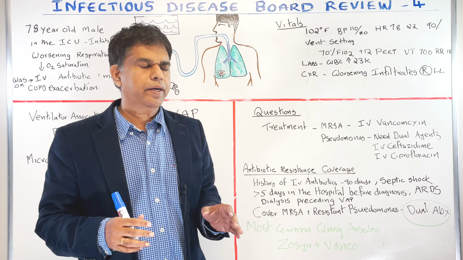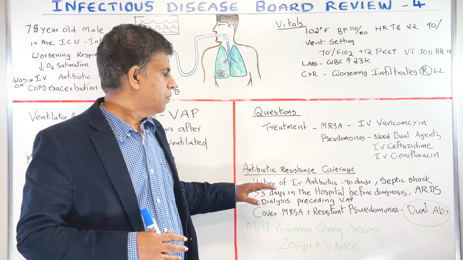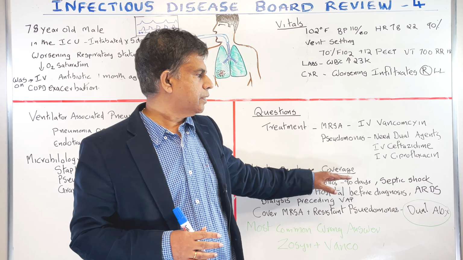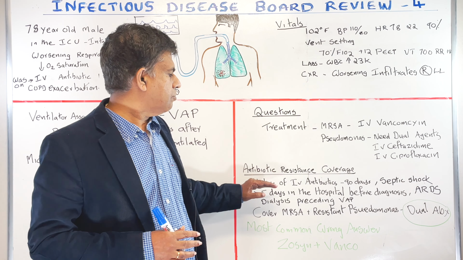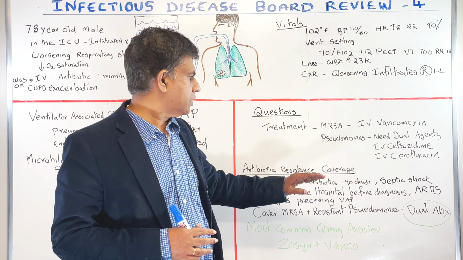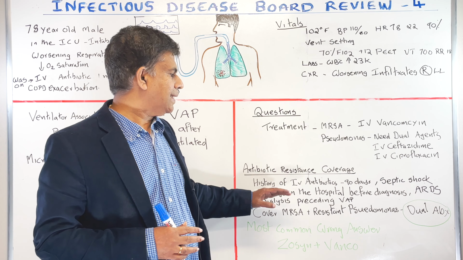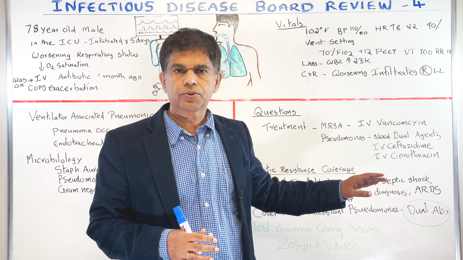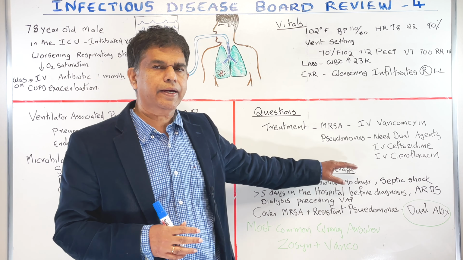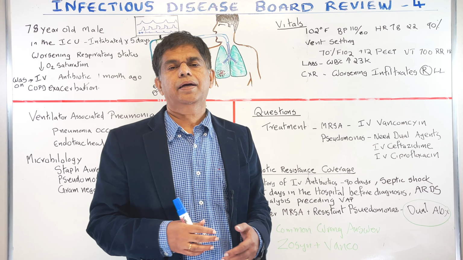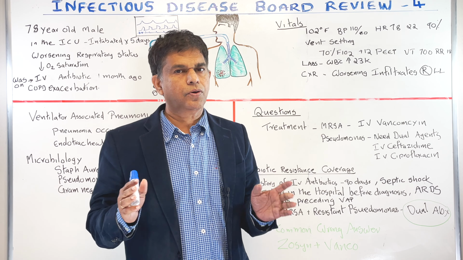Now, what are the requirements to meet that criteria? One, history of IV antibiotics in the past 90 days. Septic shock, more than 5 days in the hospital before diagnosis, ARDS, or dialysis preceding the diagnosis of ventilator-associated pneumonia. If you meet these criteria, then the antibiotic coverage is different than the normal one.